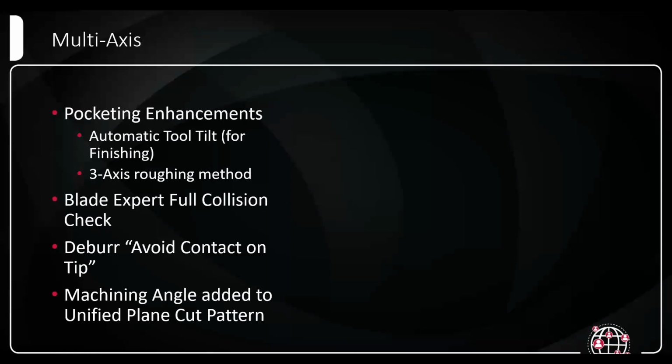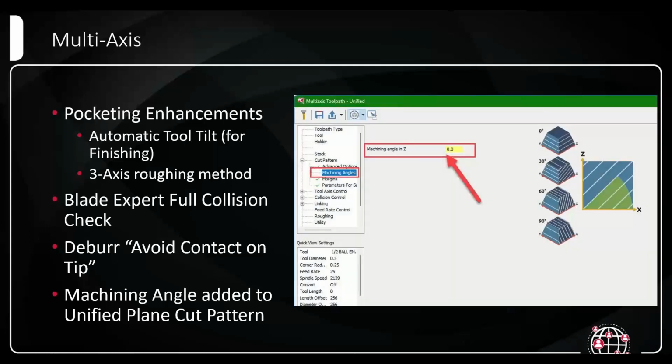And the last thing I have here for multi-axis is the machine angle added to unified. So when you're using the plane method for unified, and you're using, I believe, Z WCS or X and Y WCS method, you now have control over how it slices up the toolpath in what direction, similar to a raster, essentially, where you can say, I don't want to cut it in X, I want to cut it in Y. So you could set this to 90 degrees to rotate that around, et cetera.